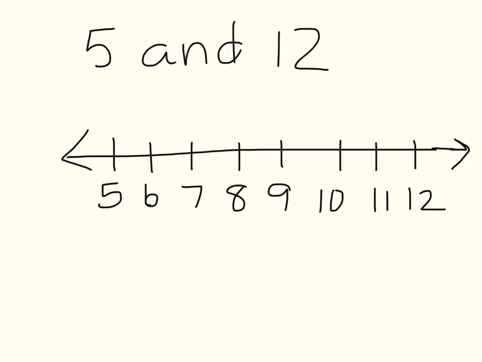So to complete this number line, we are going to indicate numbers 6, 7, 8, 9, 10, and 11. We are not marking 5 and 12 because the question specifically asks us to represent whole numbers between 5 and 12. So 5 and 12 are not included.